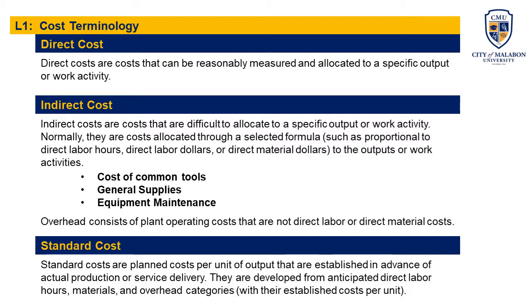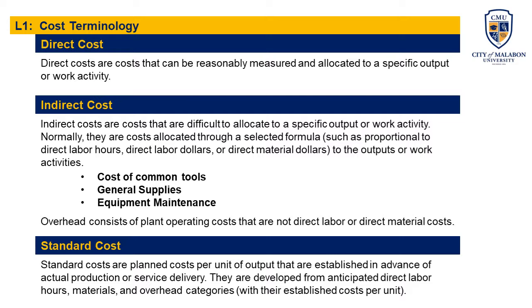Moving forward, aside from having a fixed cost, variable cost, and incremental cost, we now define direct costs, indirect costs, and standard cost. These three are frequently encountered cost terms that involve most of the cost elements that also fit into the previous overlapping categories of fixed and variable cost.